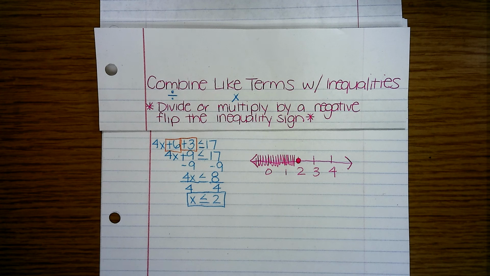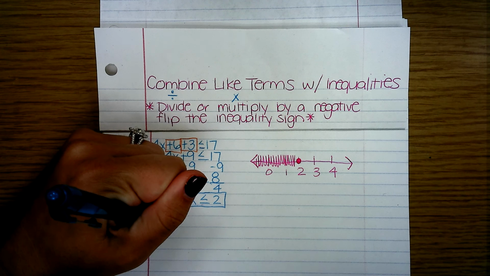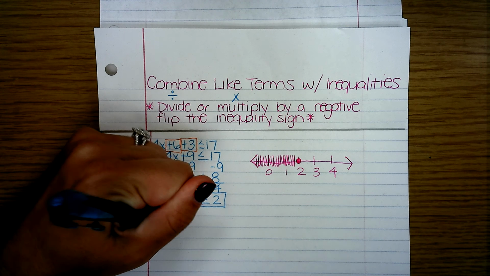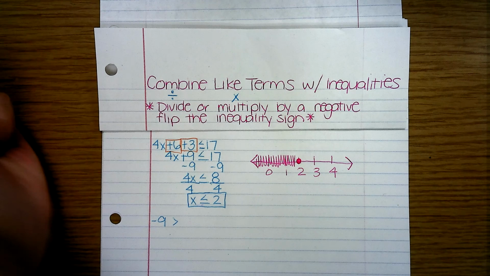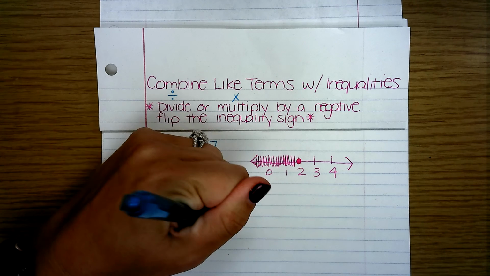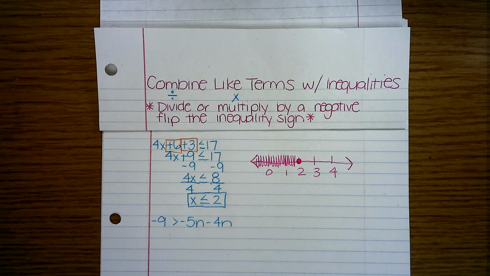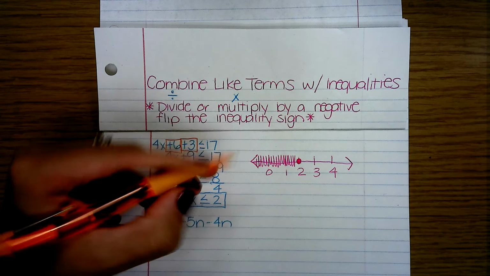Let's try another example together. This time we've got negative 9 is greater than negative 5n minus 4n. So we notice over here on this right-hand side, I have two variables.